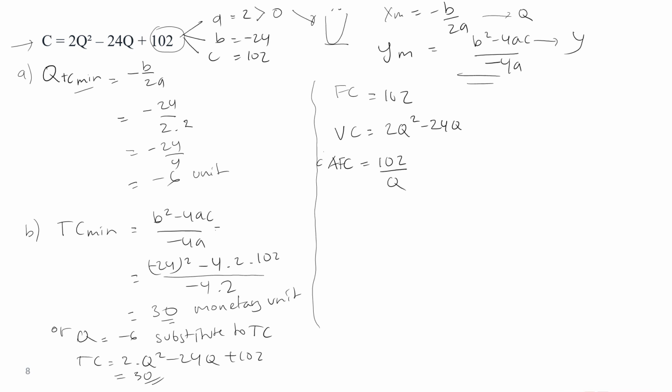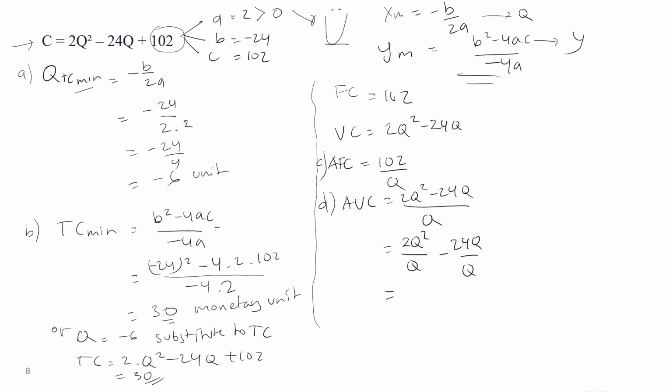Yeah, this is C, and D is average variable cost, 2q quadrat minus 24q over q. Break it down: 2q quadrat minus 24q over q. So that will give you 2q minus 24. I'll break it down first, so always like this. And if you understand already, then you don't have to separate it this way.